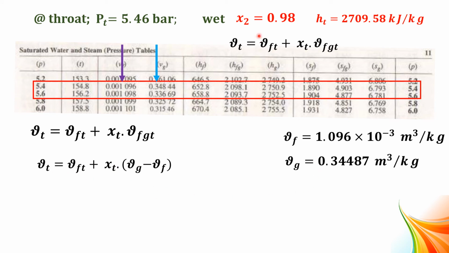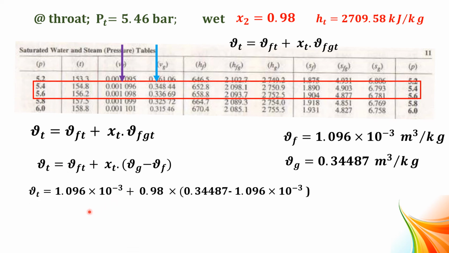So Vt equals 1.096 into 10 to the power minus 3 plus 0.98 into (0.34487 minus 1.096 into 10 to the power minus 3). By solving this equation, we get the specific volume of steam at the throat section equal to 0.33799 meter cube per kilogram.